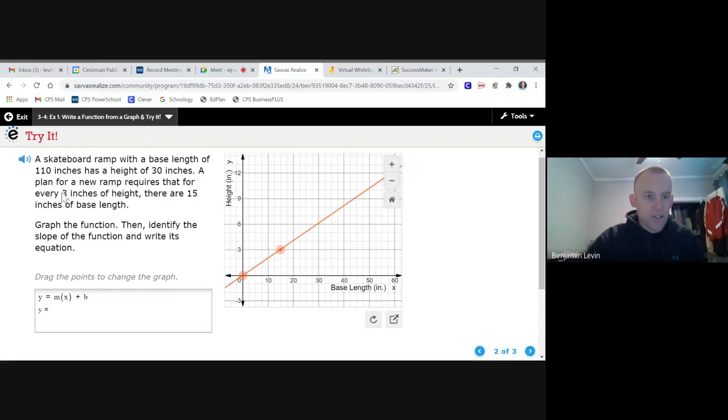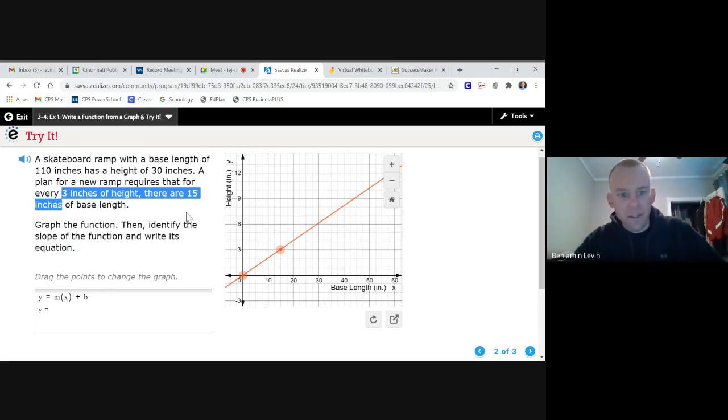Again, they told you the information you need right here. For every 3 inches of height, there are 15 inches of base length. Here's the height and here's the base length. What was our rise over run to get from this point to this point?